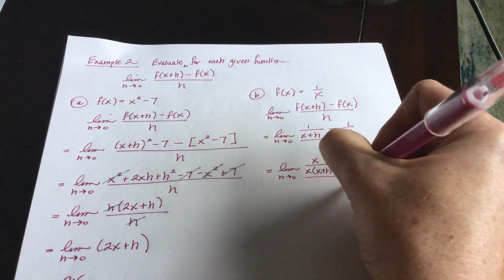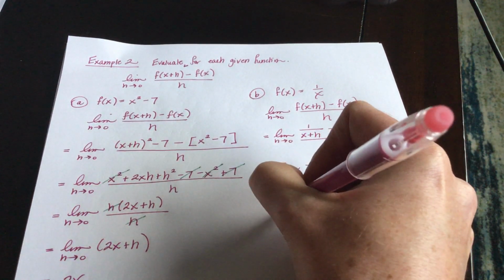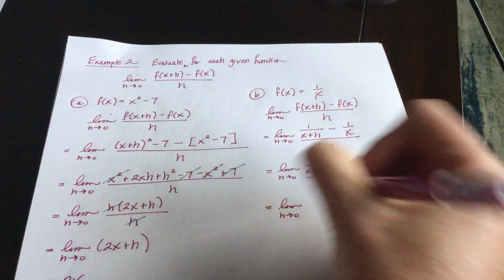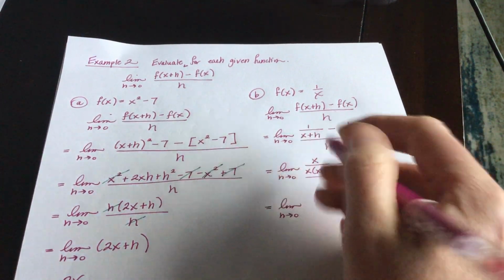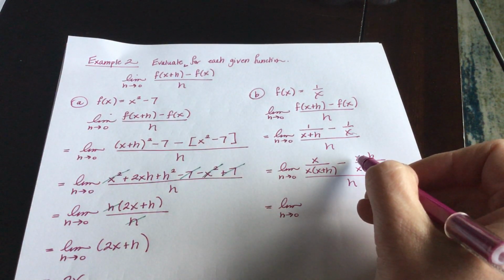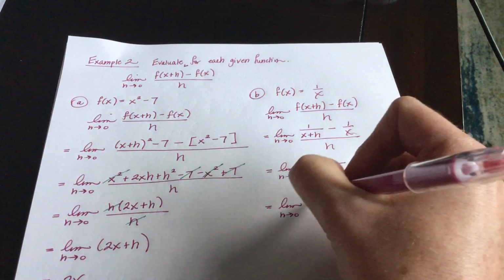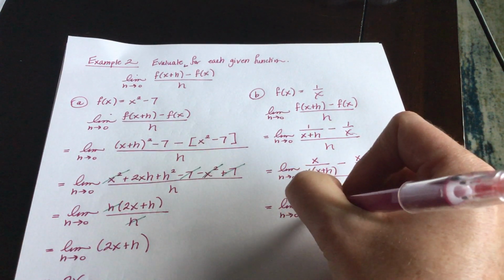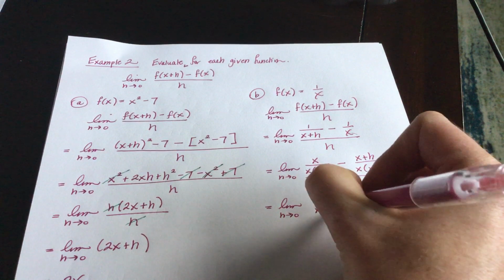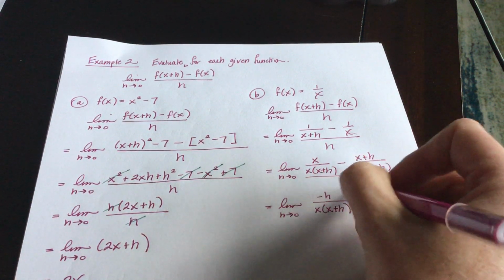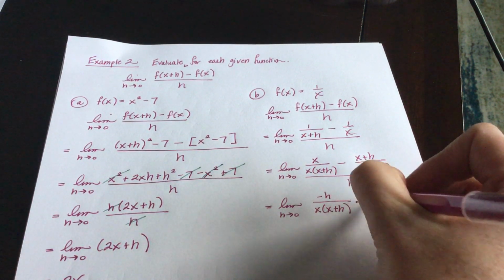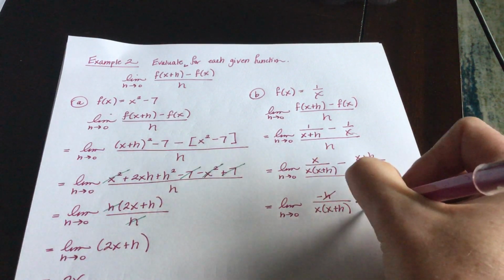And it's all over h. So we now have the limit as h goes to 0 of x minus x is 0, but then you have negative h on the top. You're dividing this entire fraction by h, which is equivalent to multiplying by 1 over h. The h's cancel.